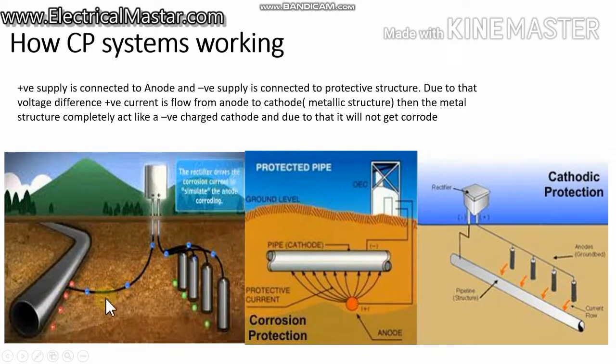The anode is placed at a minimum of some 10 meters, or based on the installation technique we keep the distance, and a minimum of 2 meters inside the ground, excavated, where we place the anode. The anode positive cables are all combined together into a single cable and connected to the positive of the DC supply. The negative of the DC supply is directly connected to the body of the pipeline structure, maybe by welding or something similar.